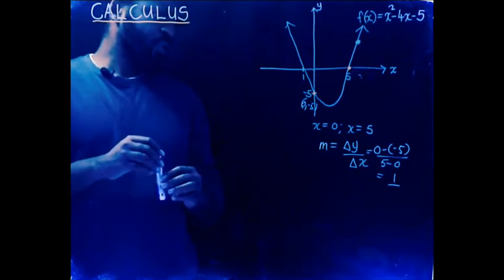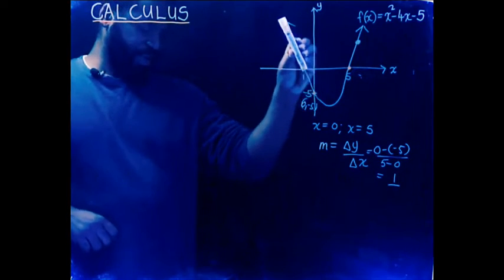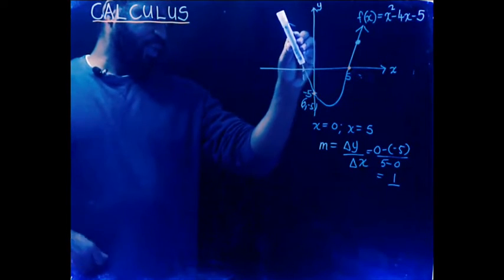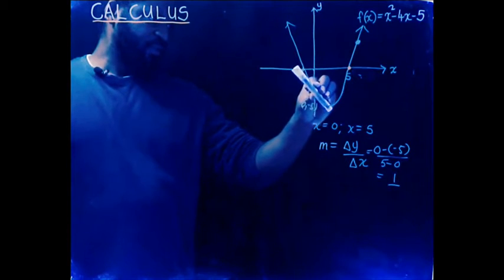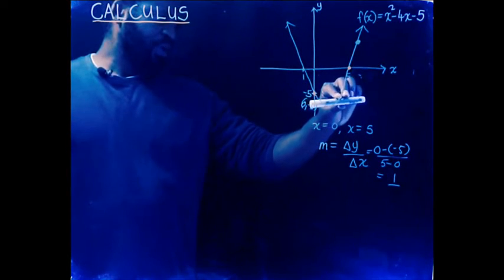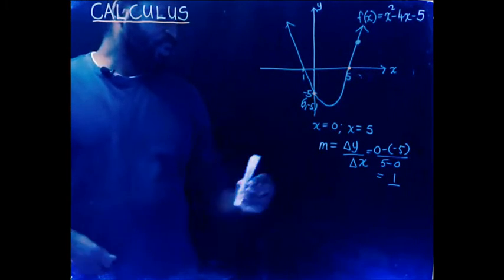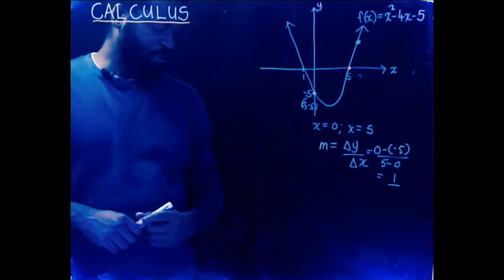Not necessarily. If I look at it this way, we know that lines that move like this have negative gradients. So the gradient is negative. Then it slowly loses its negativity, becomes 0, starts getting positive, and it starts to increase. So the gradient at this point is not 0.